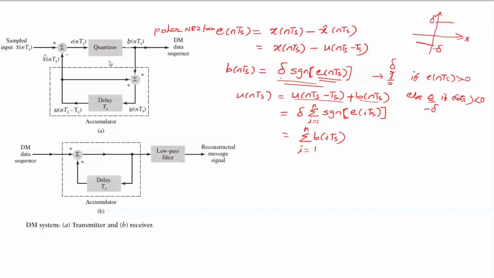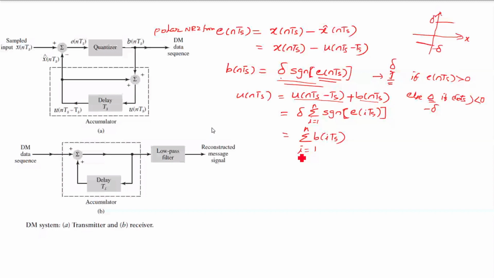It can be plus delta or minus delta. So u of n into ts is nothing but an accumulator. This whole part is an accumulator; it accumulates the past sample values, past bits.